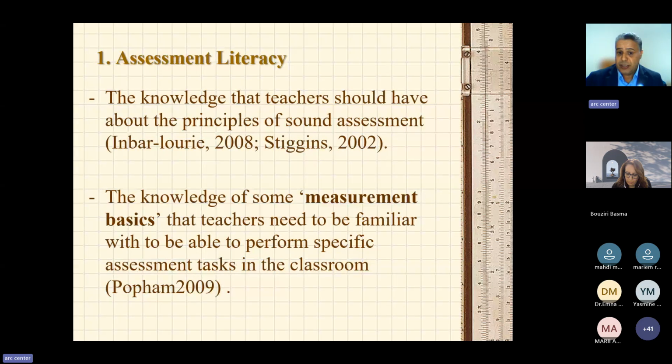Another definition is provided by Popham, who said that it's the knowledge of some measurement basics that teachers need to be familiar with to be able to perform specific assessment tasks in the classroom. So you see the word basic here is very important. Assessment literacy is not focusing on deep knowledge about assessment or testing, but rather on the basic knowledge that makes the teacher operational in terms of assessment.